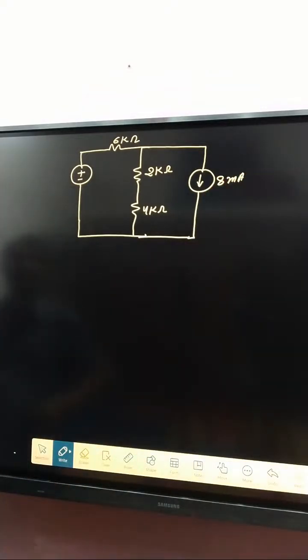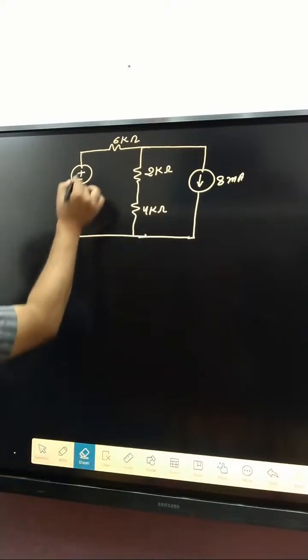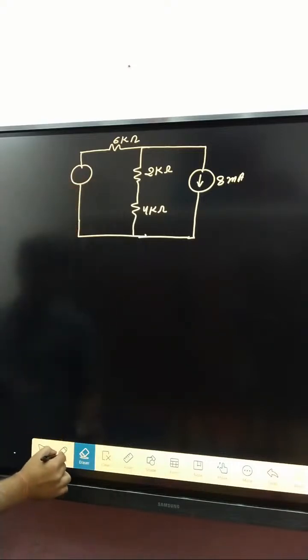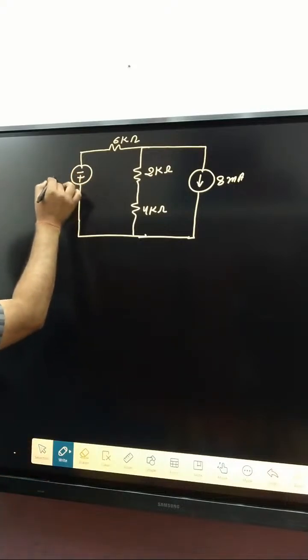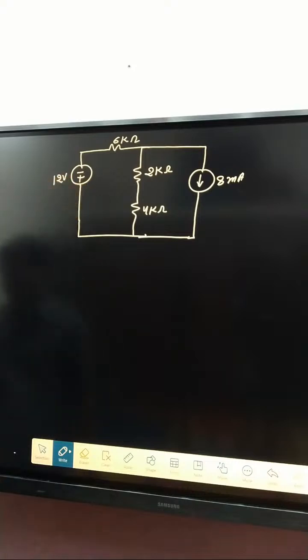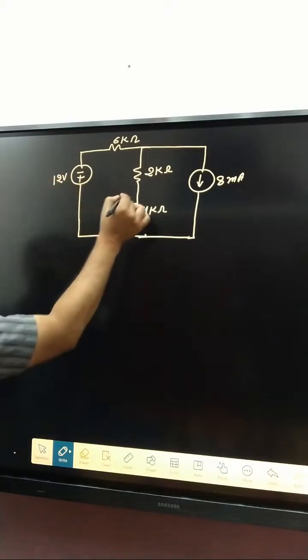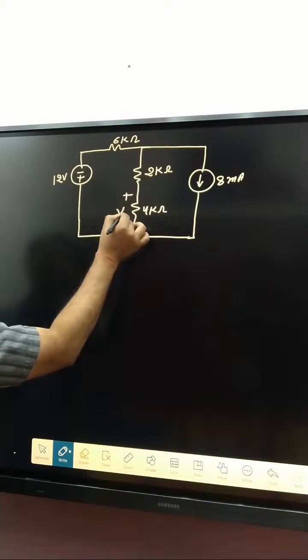Okay, and here again the polarity changes, here minus, here plus, that is 12 volt. Our motto is to determine plus minus V naught.